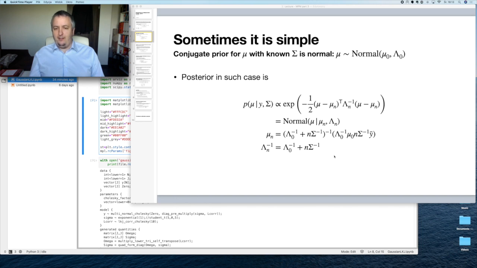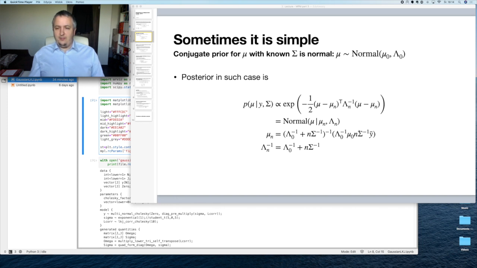And the mu n and lambda n coefficients can be computed using our measurements and our prior information. So mu n can be expressed as a multiplication by a certain matrix, or as a solution of a certain linear system of equations.